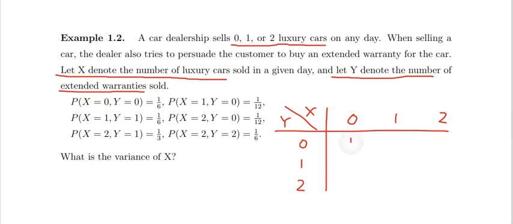Such a probability is 1 over 6. X equals 1, Y equals 0, 1 over 12. X equals 1, Y equals 1, 1 over 6. X equals 2, Y equals 0, this one. X equals 2, Y equals 1, 1 over 3. X equals 2, Y equals 2, 1 over 6.